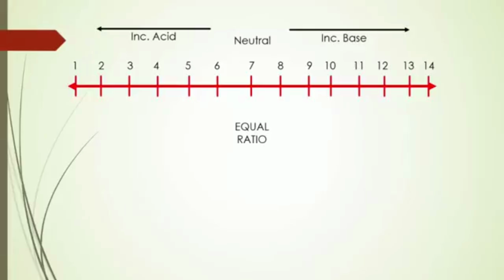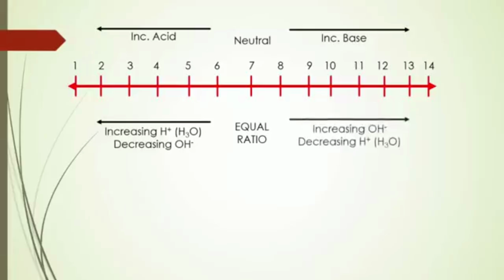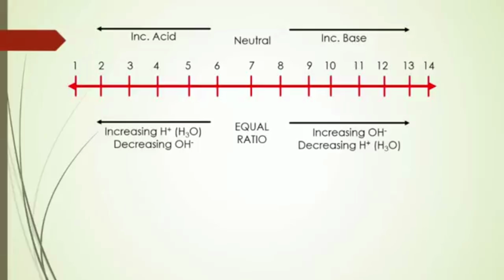So acids that have a pH close to 7 are weak, while acids that have a pH far from 7, like a pH of 1 or 2, are considered very strong acids. And bases that have pHs close to 7, like 8 or 9, are weak bases, while stronger bases have much higher pHs.